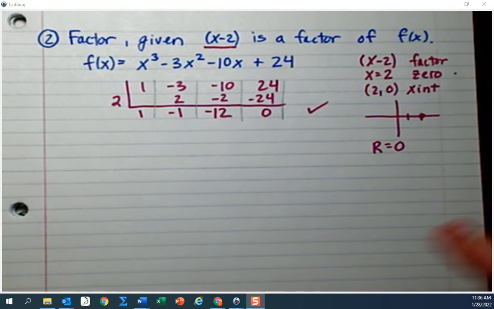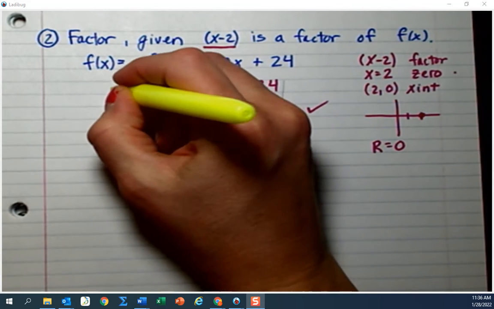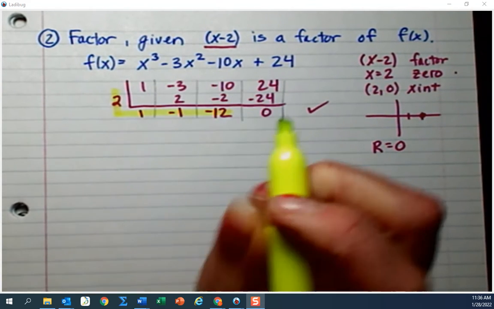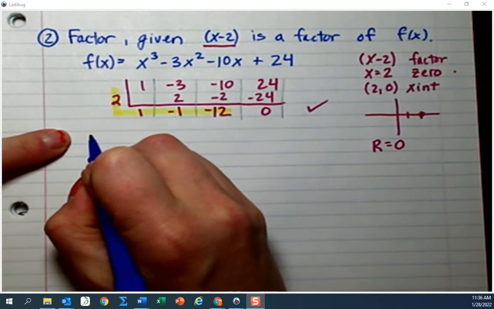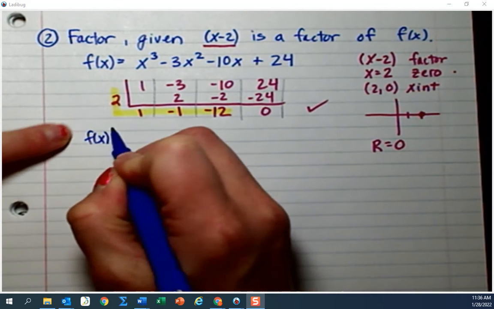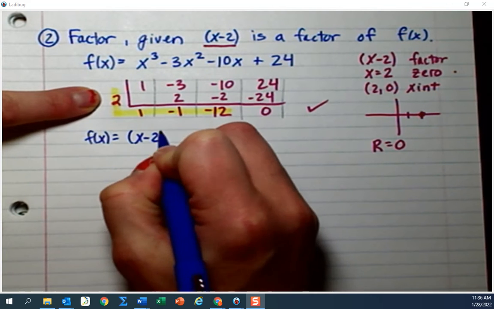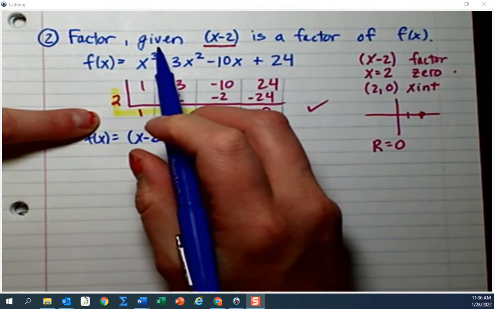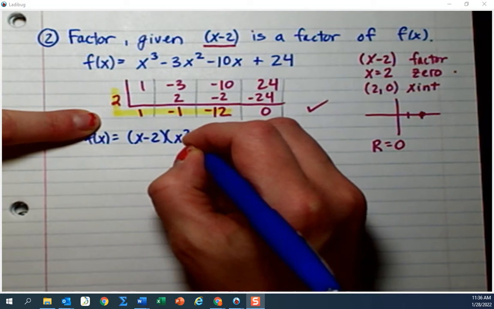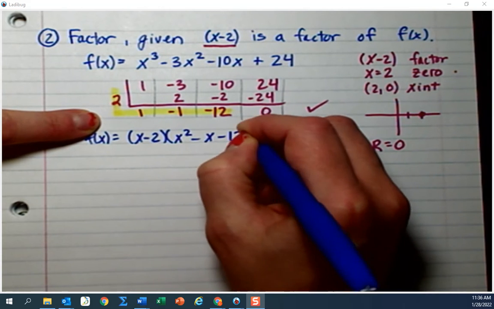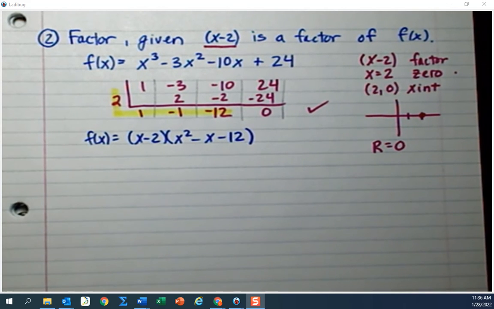Okay, so how do I use the synthetic division to turn it into the factors? This. Okay, so f of x equals x minus 2. So it was cubic, so now it's quadratic. All right, how do you solve? You always try to factor it. Always.